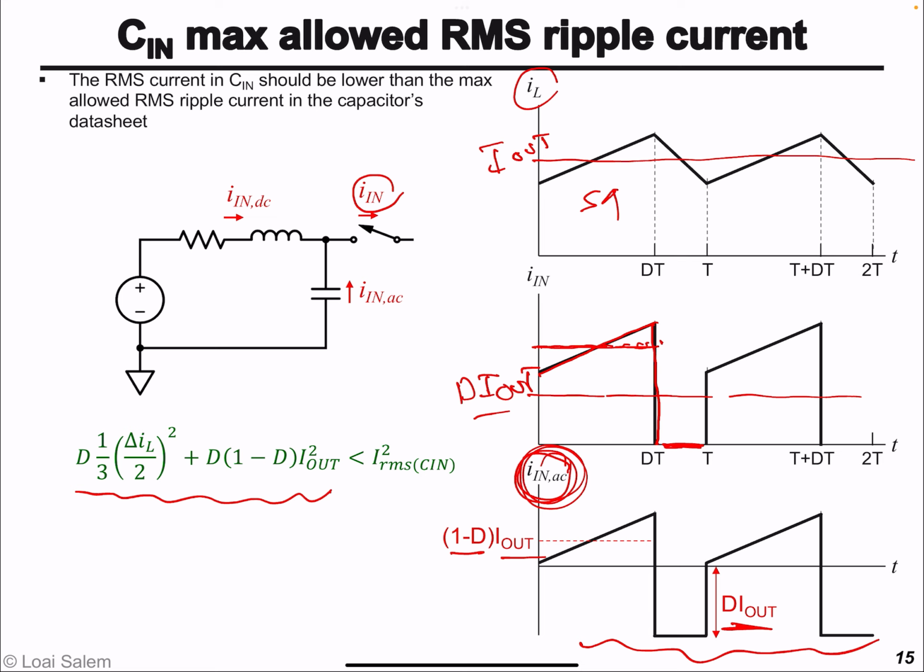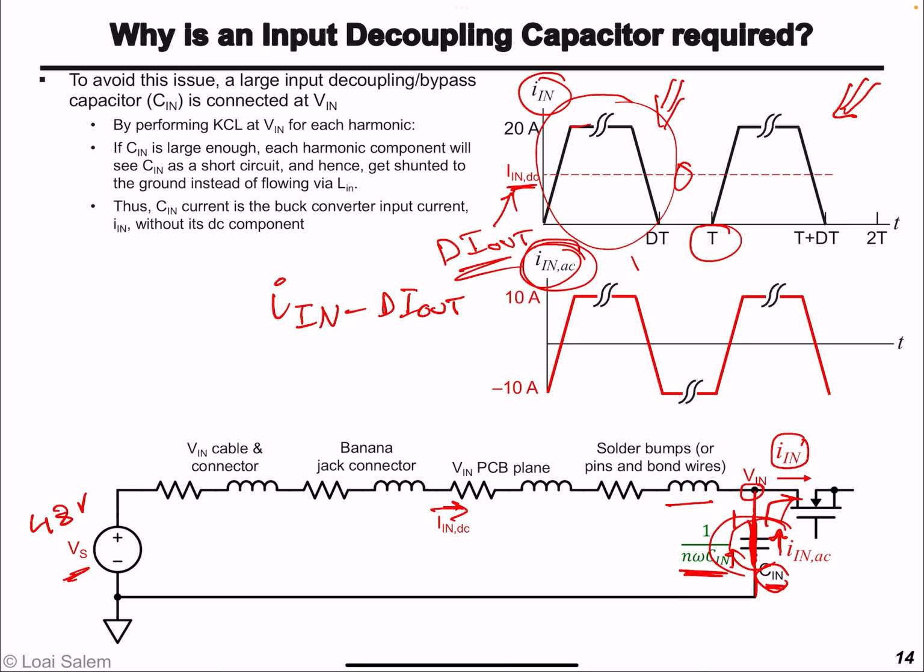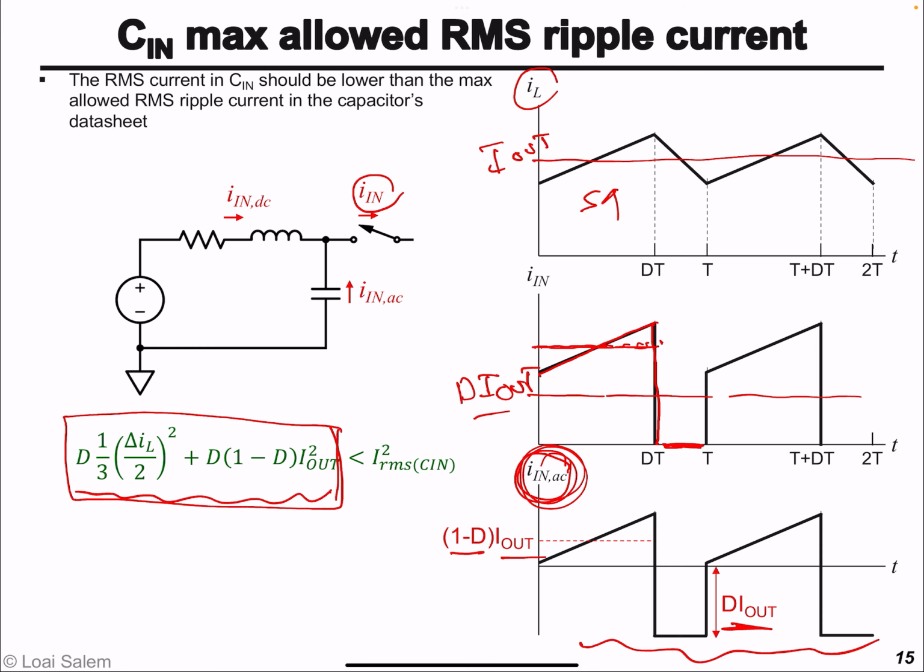Okay, and all we need to do now, after we calculated the RMS current that's flowing into the input decoupling capacitor we are going to use, is select it such that its RMS current rating is larger than the value that we need in our design.